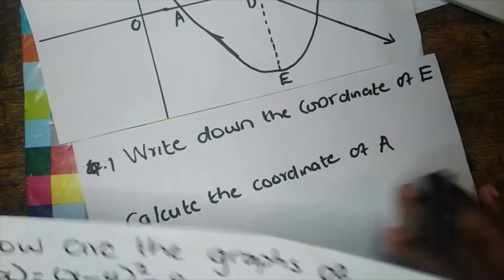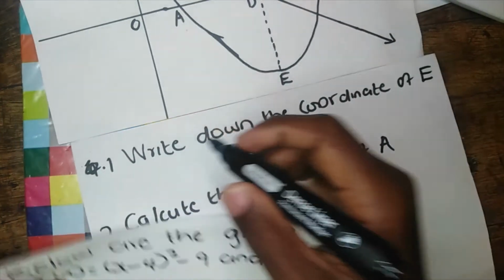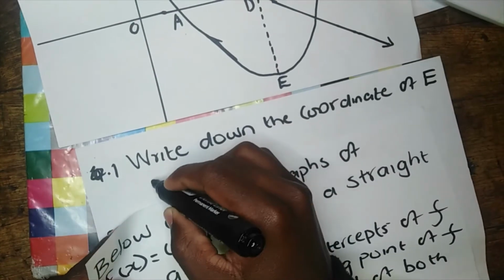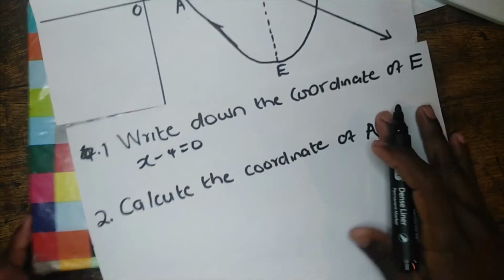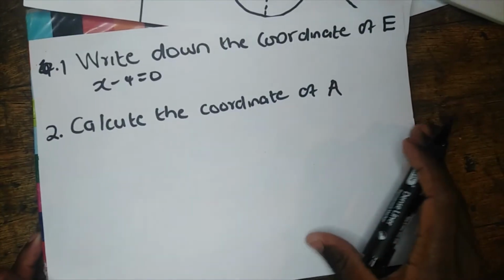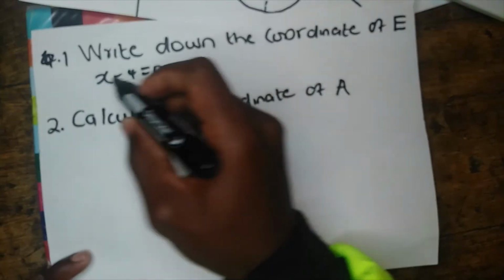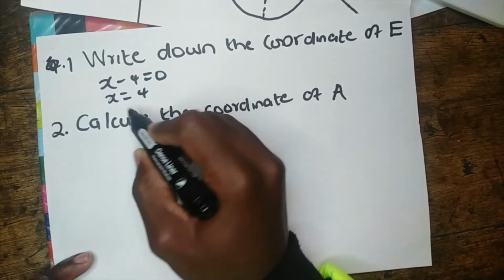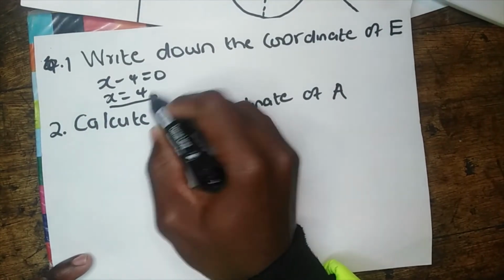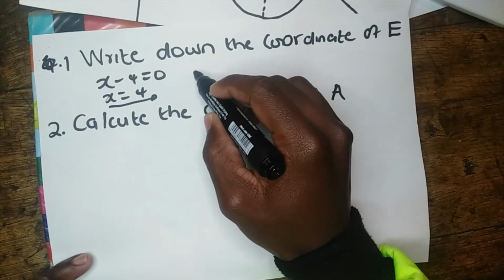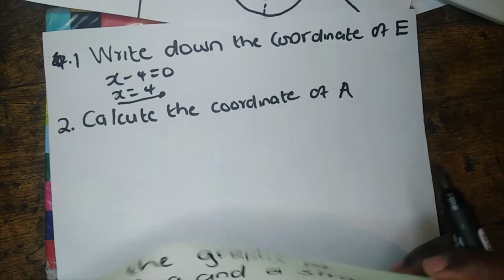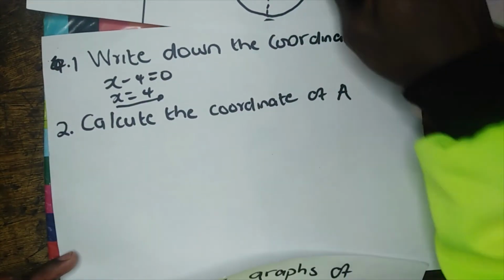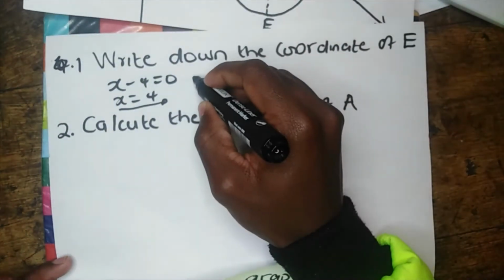So to answer this question, first, what you need to do is write this as a factor: x minus 4 is equal to 0, then solve for x. So our x is 4 here. So our coordinate for E, which is our turning point for the graph of f, is 4.